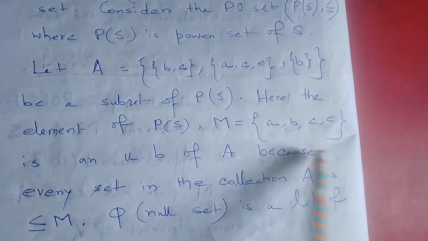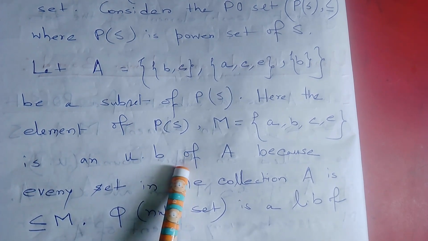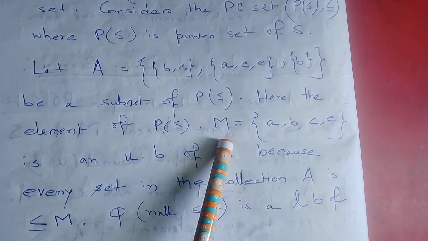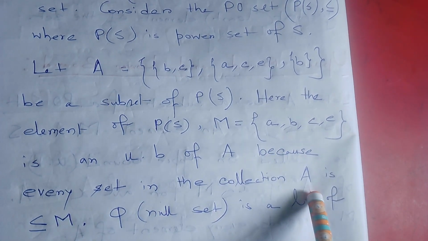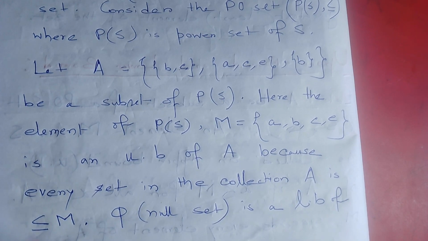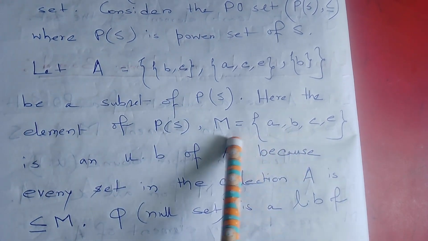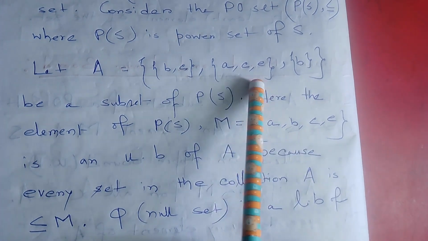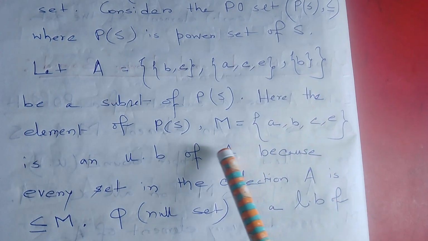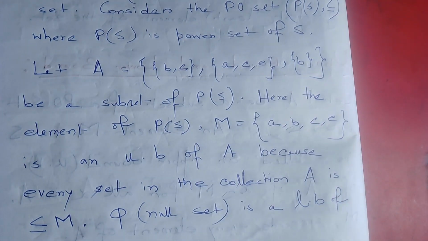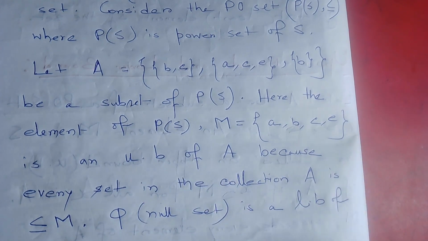So the upper bound of A is M, because every set in the collection A is a subset of M. BC is a subset of M, ACE is also a subset of M, B is also a subset of M. So that is why M is the upper bound here.